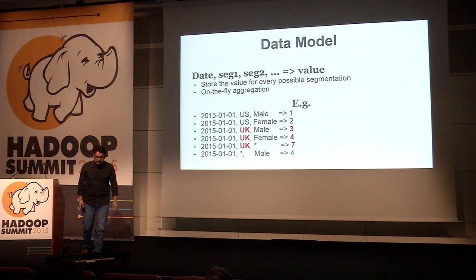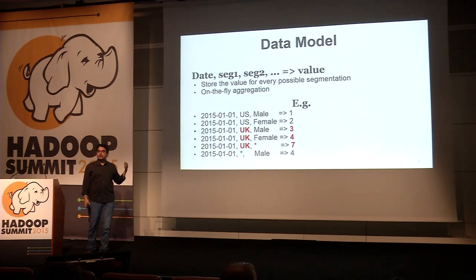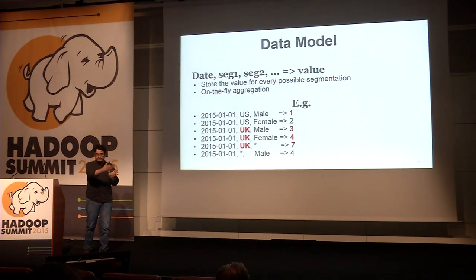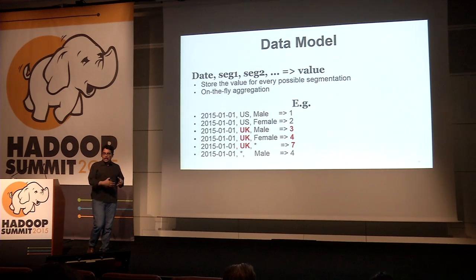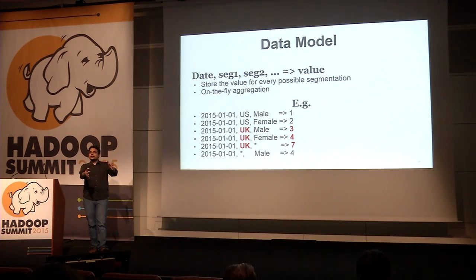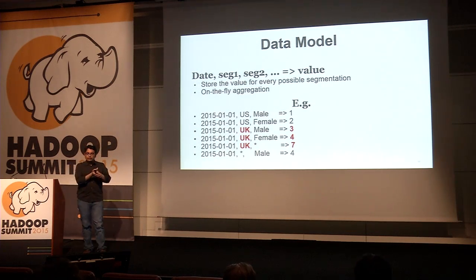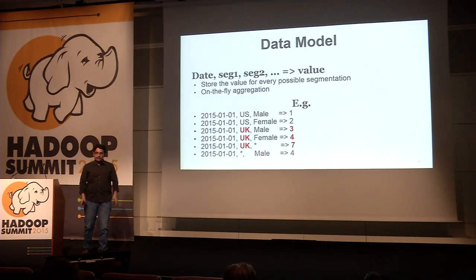The data model for Pinalytics is that we use HBase for storing this data. There's a key, and the key is a composite of the date of the metric and many segments. When we present to the user, we do a scan and then aggregate the rows.